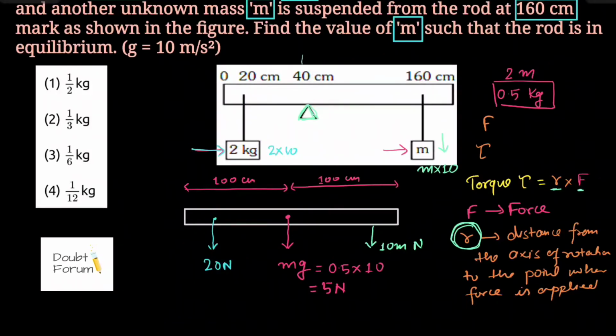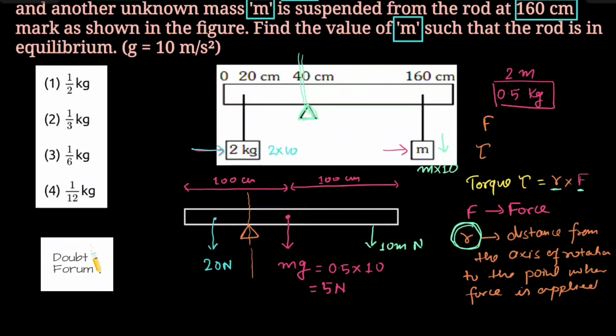This wedge point would be our 0, and from this point we will be marking the value of r for this force, this force, and also for the force which is caused by its own mass. From this point we have to mark the value of r for each individual force acting on the rod.